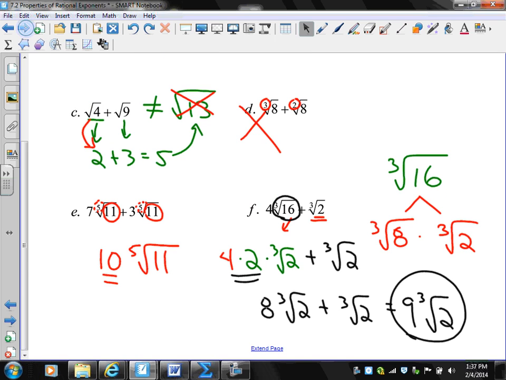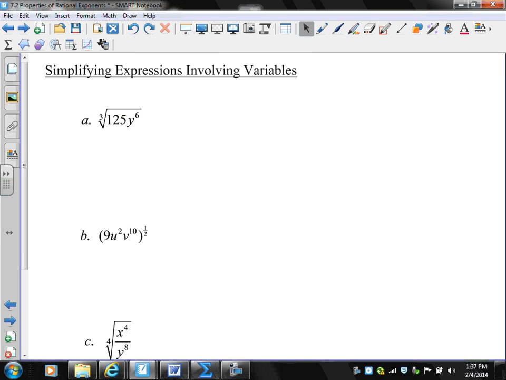Okay, moving on. So at this point now, we're going to take a little more time and simplify expressions with variables. So let's first talk about, and we'll see why this is not simplified. So I can rewrite this as the cube root of, well, 125 is 5 cubed.